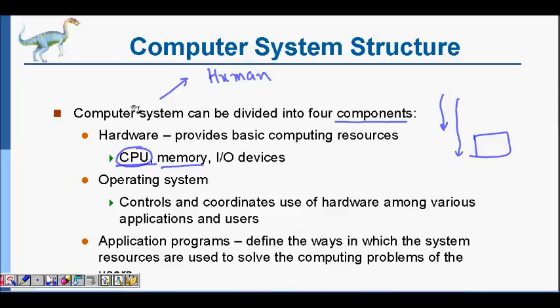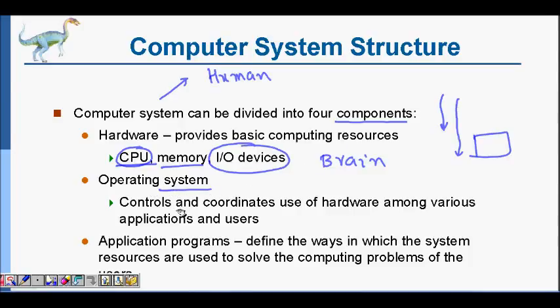Your CPU is basically the person, the brain, which is working and executing something. Memory is where you store something. Input output devices are your sensory organs, eyes, ears, nose, and mouth, where from eyes you see as input, and then as output from mouth you speak something. So input output devices are also like that.